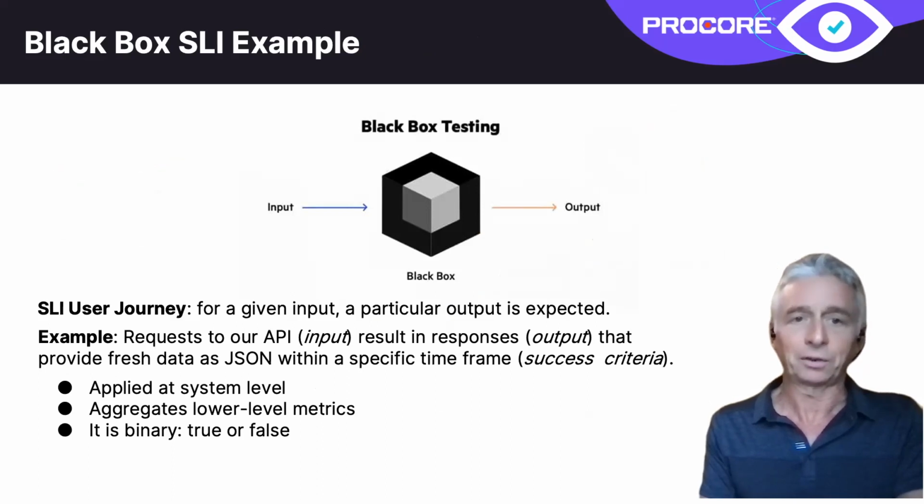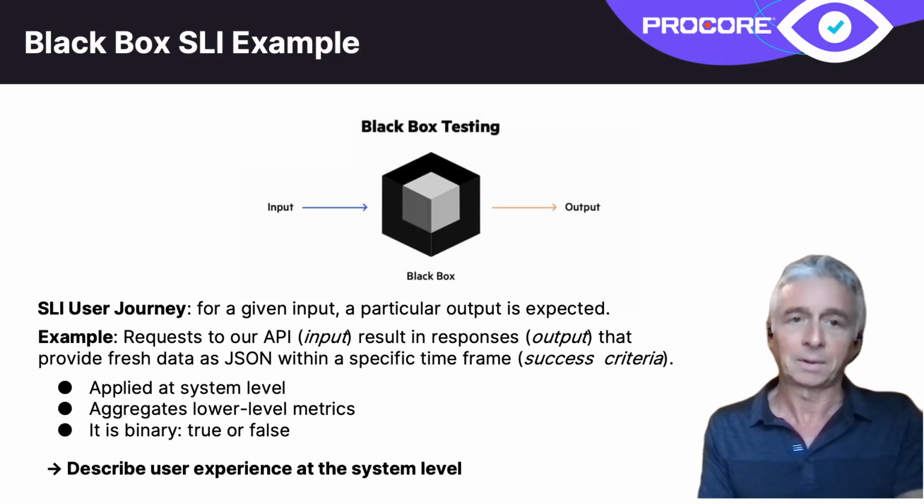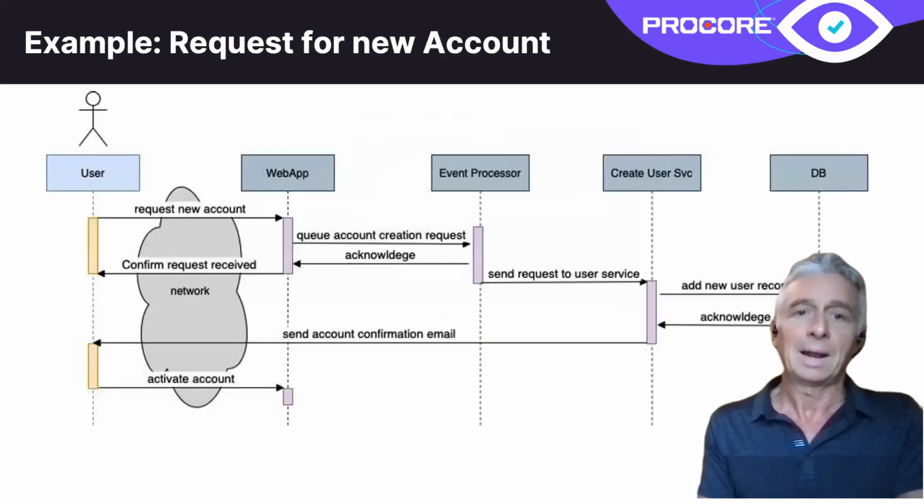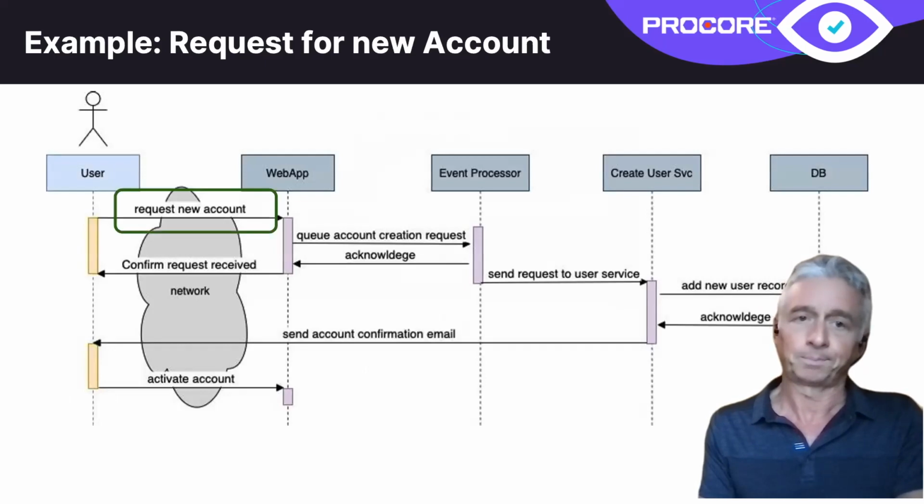It is applied at system level, it aggregates lower level metrics, and it is binary. It evaluates to true or false. In other words, these aspects combine to represent the user experience at the system level, measuring the user journey as a black box. Let's wrap this up with an example.